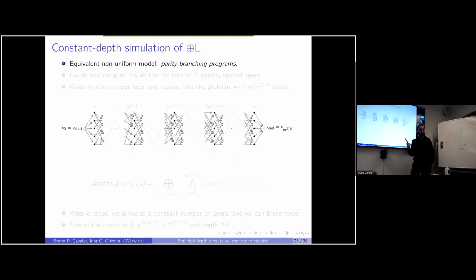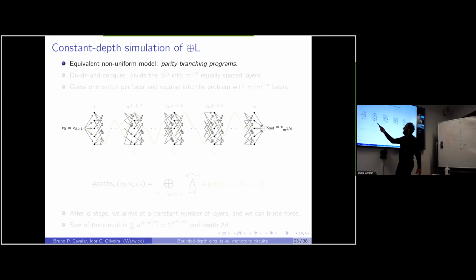So it will be more convenient to think about parity as the model of parity branching programs. Okay, so what are these parity branching programs? You have a graph, and just assume that it is layered. All the edges go from one layer to the next, from left to right. All the layers have the same number of vertices.